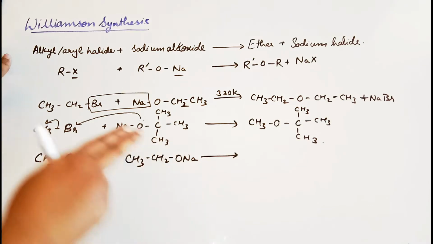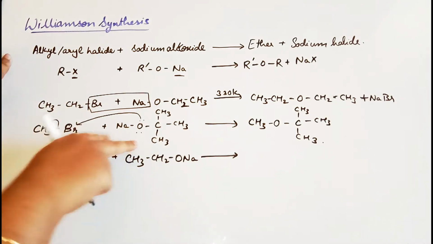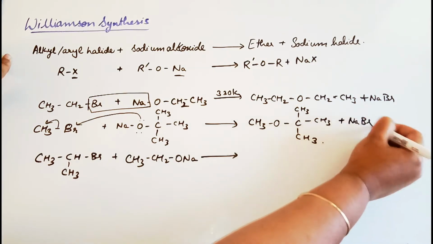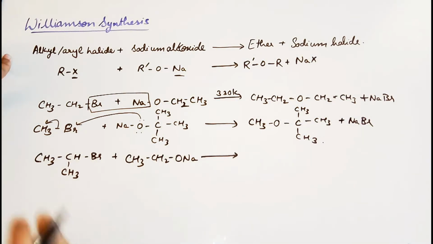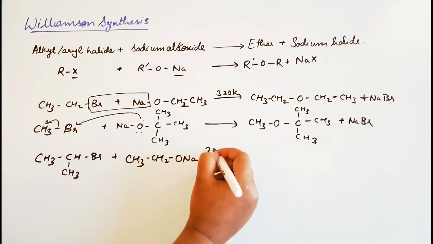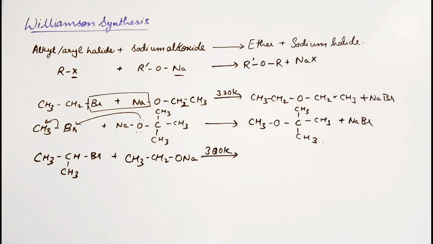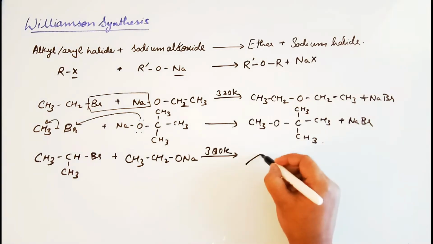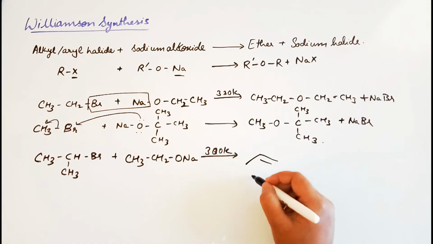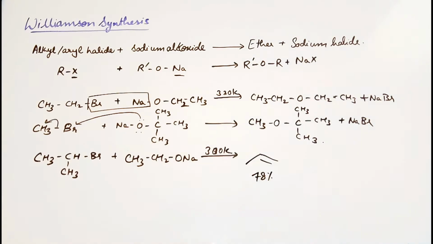In case of a primary alkyl halide, we just had one product being formed, apart from NaBr or the sodium halide. But in this case, we'll have two products: one is the substituted product, and the other is the elimination product. You will have propene, which is formed as the major product, 78% propene.